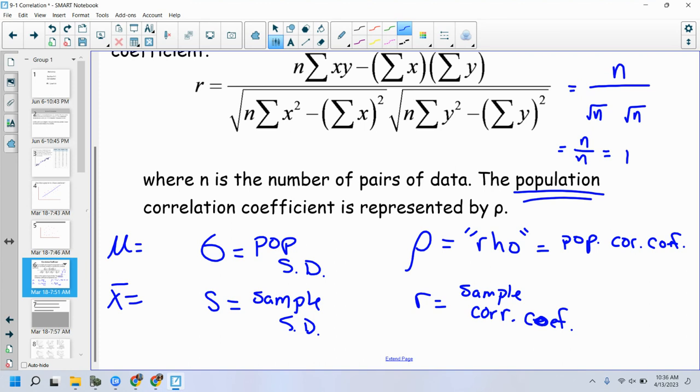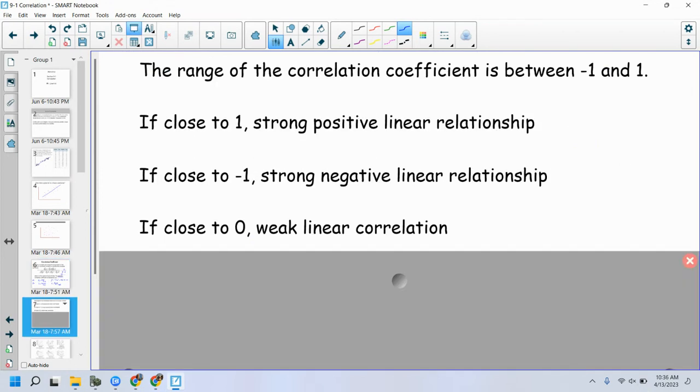So if you've got a Greek letter, it usually represents something about a population. If it's an English letter, it's representing something about a sample. Okay, so rho is population correlation coefficient, R is sample correlation coefficient. They didn't have samples in Greece. Apparently not. Now, parameters on the R value.